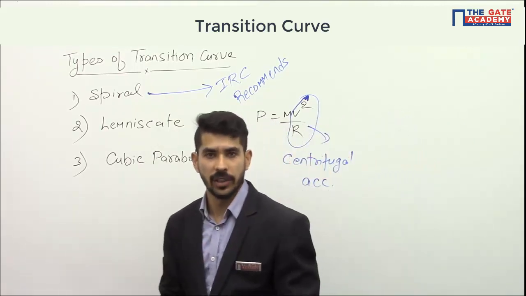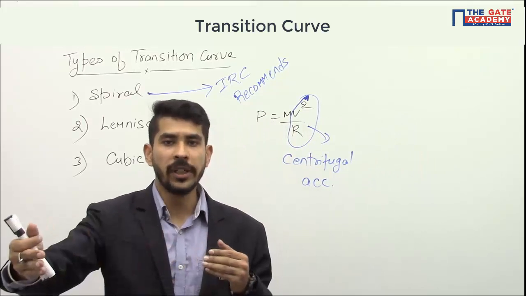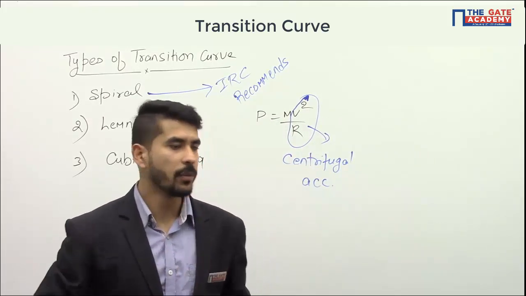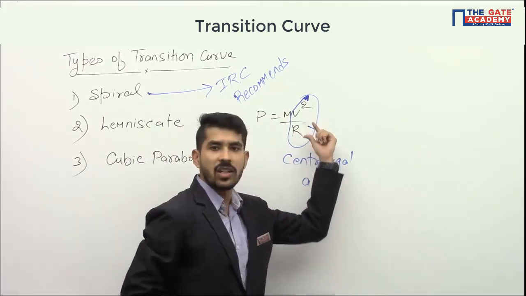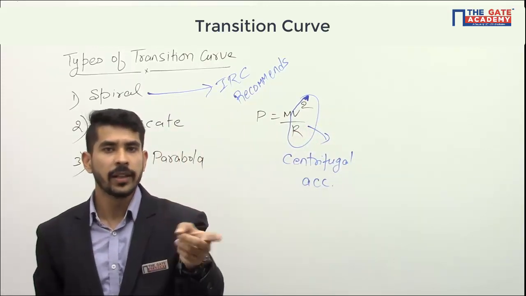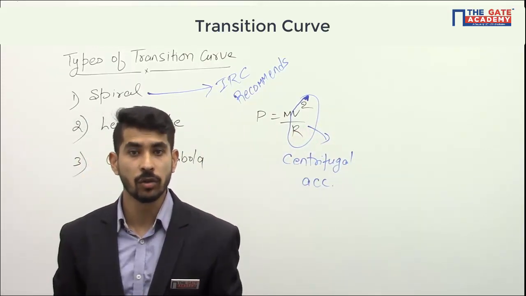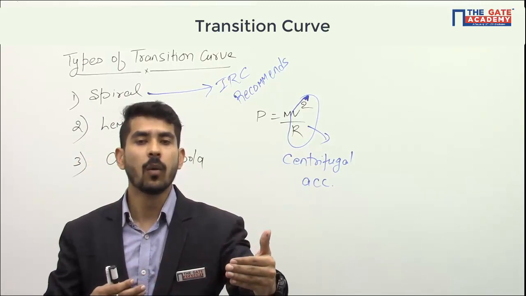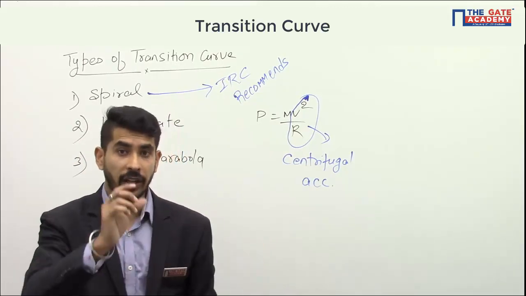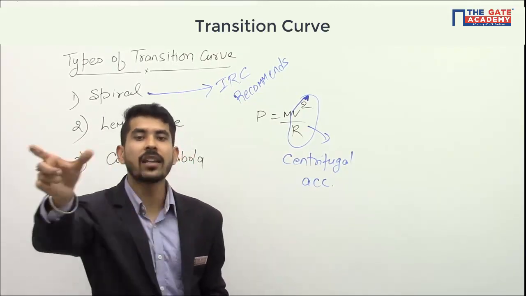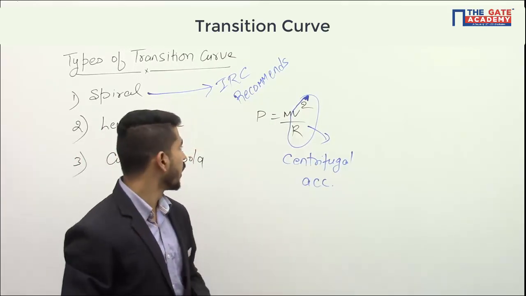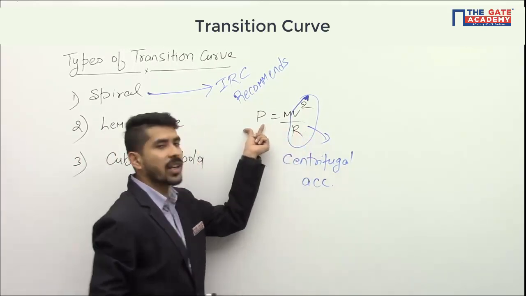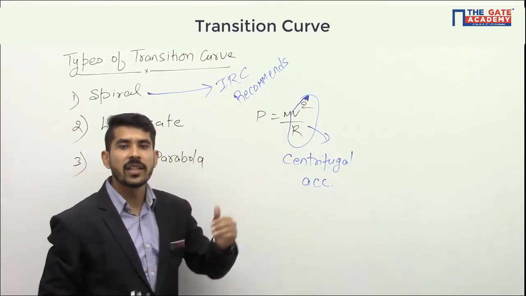That means for a stretch of 100 meters, if this acceleration is changing by 1 unit, then for the next 100 meters also, it will change only by 1 unit, right? So the rate of change of acceleration is constant. So again we are gradually introducing the centrifugal force.